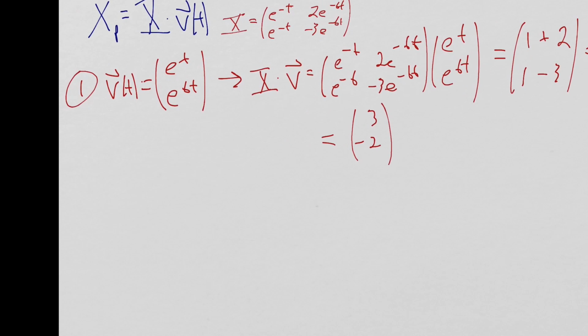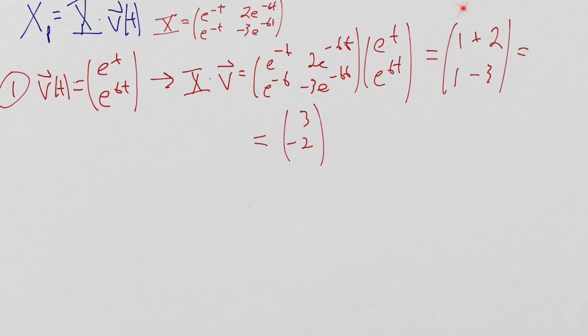So what I want to point out is that I strategically chose these guys, and I got 3, negative 2. I could have put a 4 here, for example, which would have multiplied the front row by 4, and would have changed this to a 4, and that to a 4, and it would have given me another number. I could manipulate what I have coefficient-wise here, and get any constant coefficient, right?